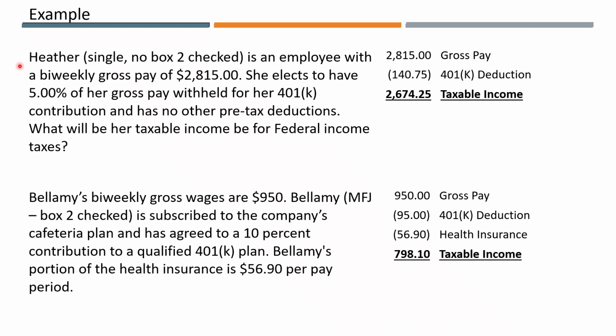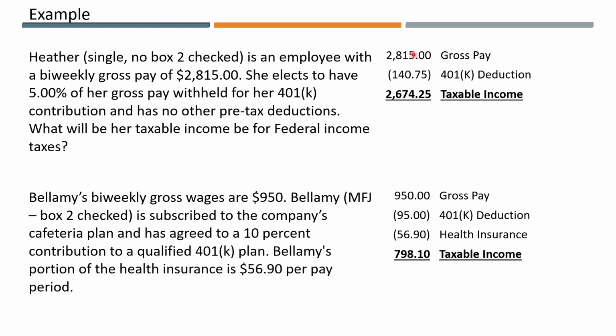The first example is for Heather, who is single and did not check box 2. She has biweekly gross pay of $2,815. She elects to have 5% of her gross pay withheld for a 401k contribution and has no other pre-tax deductions. What will her taxable income be for federal income taxes?